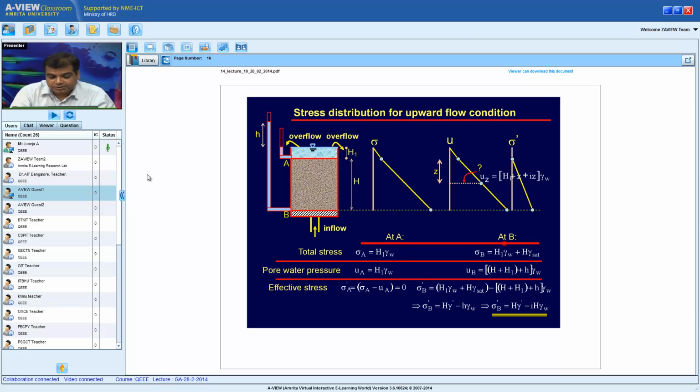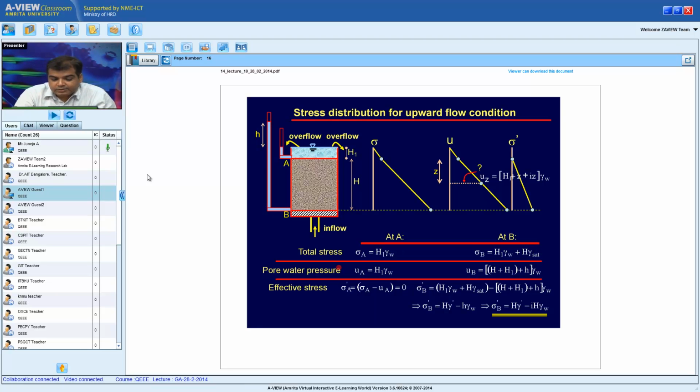What about total stress at B? That's this thing over here. It is the overburden at this level, which is H1 times the unit weight of water plus H, capital H, times the saturated unit weight of soil.